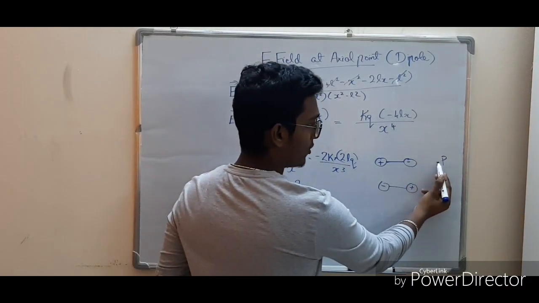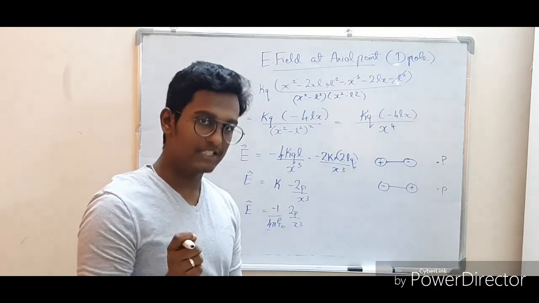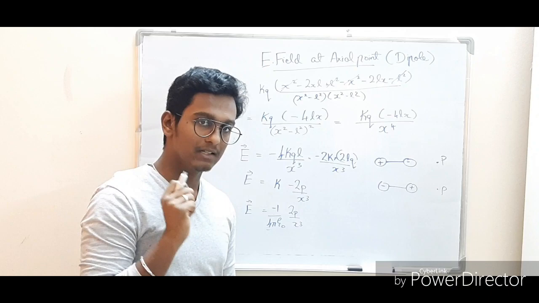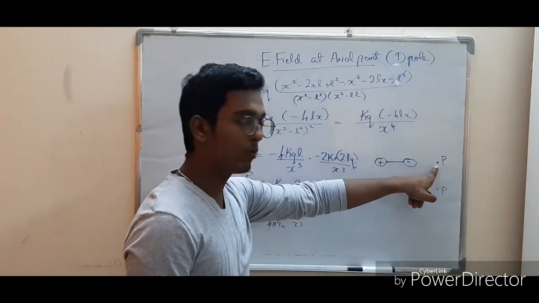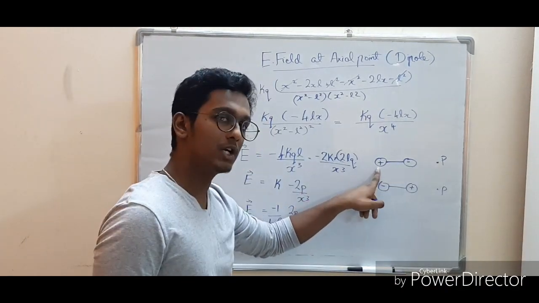So the net electric field over here, as I told you, the point P is a test positive charge. Always when we consider a point for a derivation, it's a unit positive charge. So I have told that this is a positive charge.